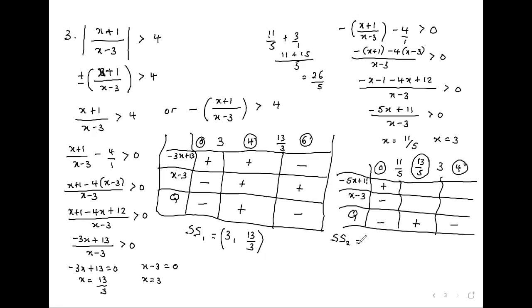This is supposed to be bigger than 0. So again, this is happening at 11 over 5 and 3, not including any. Then you get solution set 1 union solution set 2.